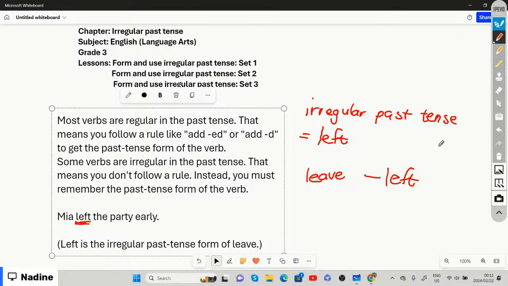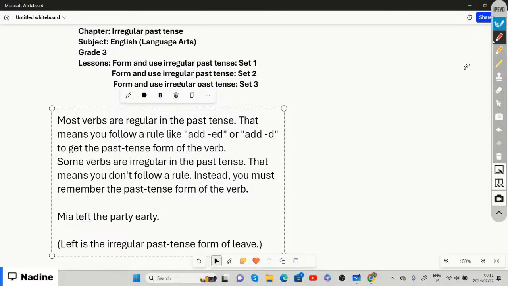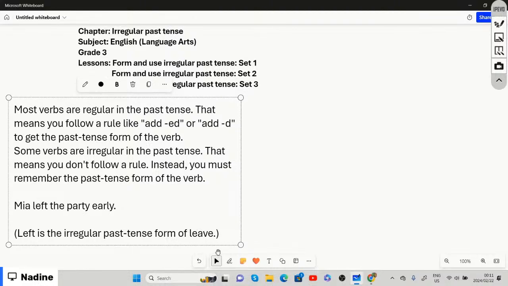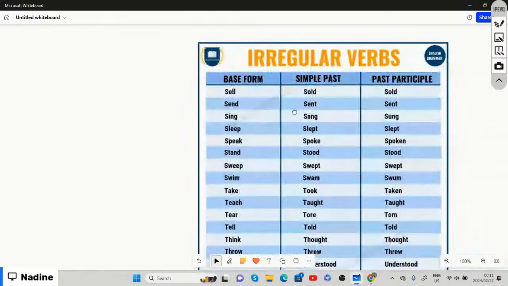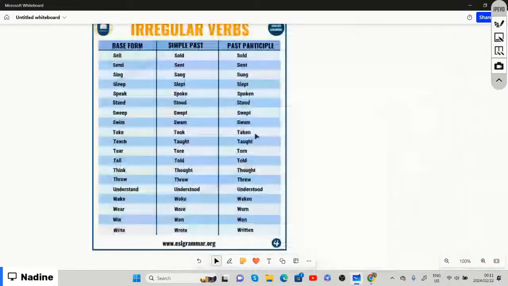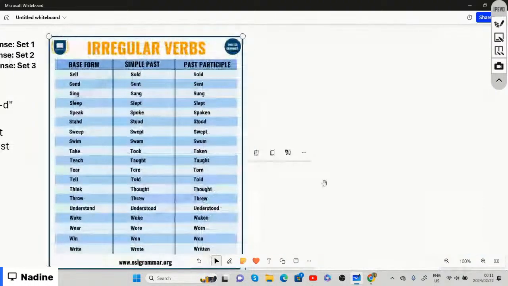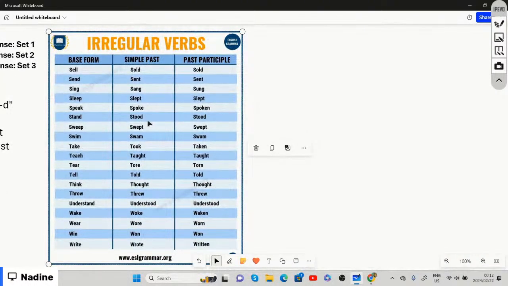All right, when we form and use irregular past tense, it means that we are going to come up with more irregular past tense verbs, and then we are going to form sentences using that irregular past tense. Here are a few examples once again. The base form is like the present tense form, and then the simple past tense is the irregular past tense of that specific word.